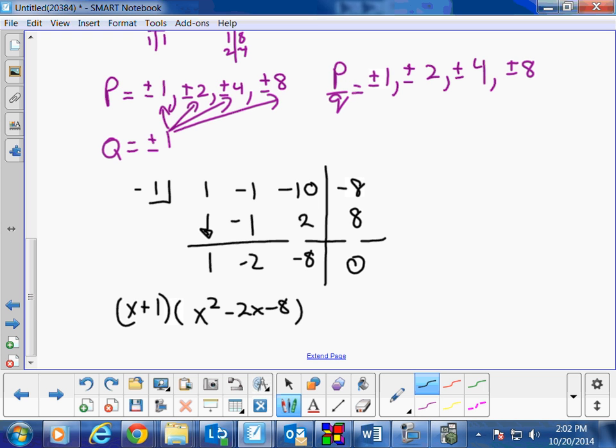And this could be factorable, I think. So if I think about two numbers that multiply to give me -8, but add up to -2, yeah, we do have them. We have -4 and positive 2. Which means that the other two zeros, once I factor this out, give x plus 1, x minus 4, and x plus 2.